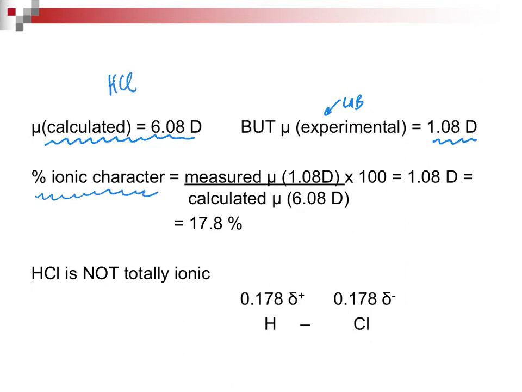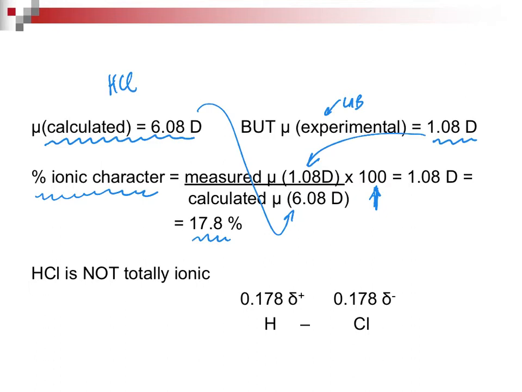Yes, we say it is covalent, but now as we're using this idea, we see that the two values do not agree. So we will take our measured value of 1.08, divide by our calculated value of 6.08, and we will multiply it by 100. That will give us a percent ionic character of 17.8%.